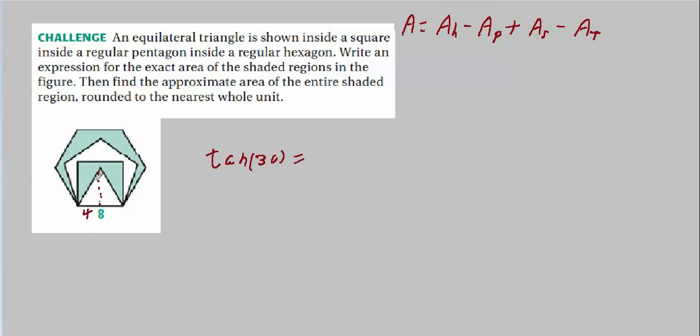So once again, opposite over adjacent, and that's the tangent. So that's 4 over A, or, pardon me, A equals 4 over the tangent of 30 degrees.